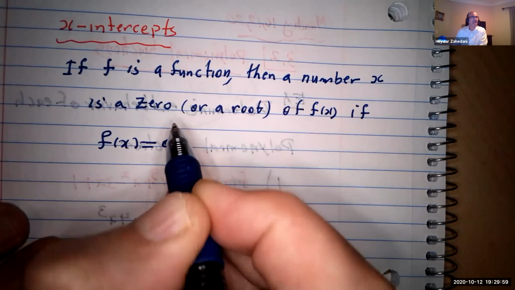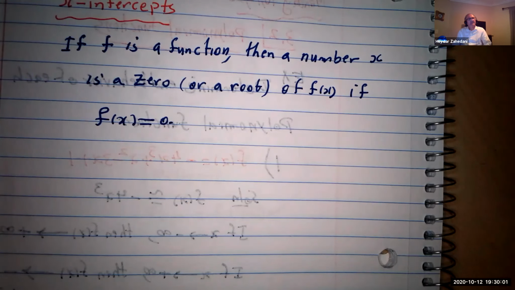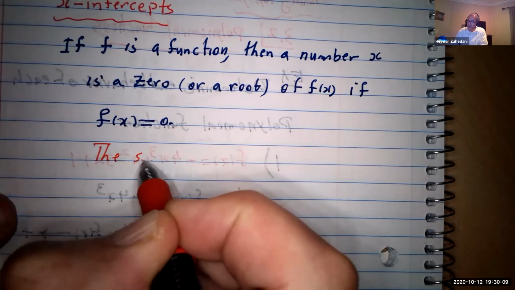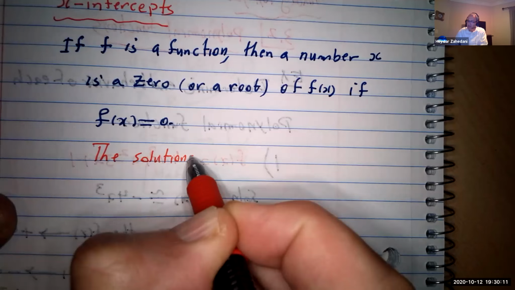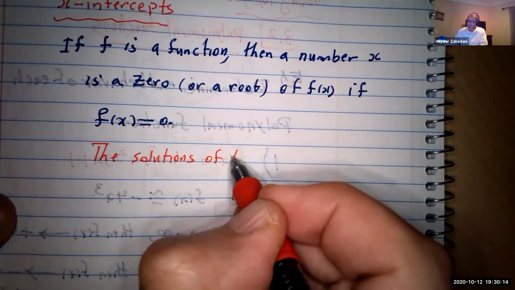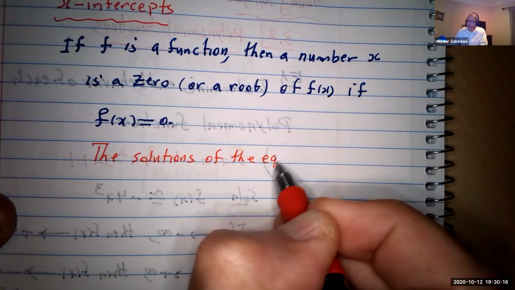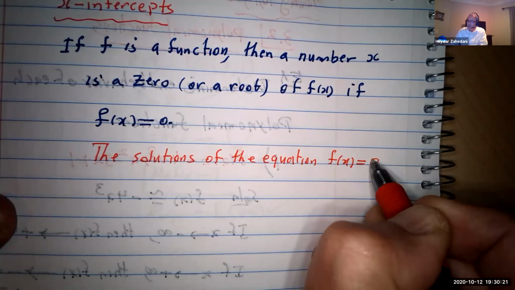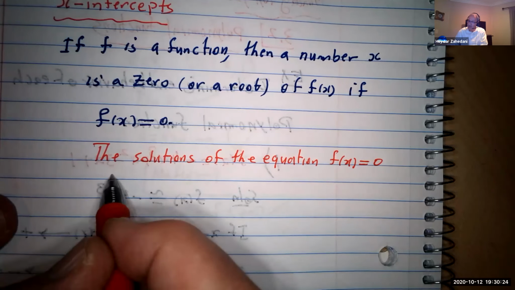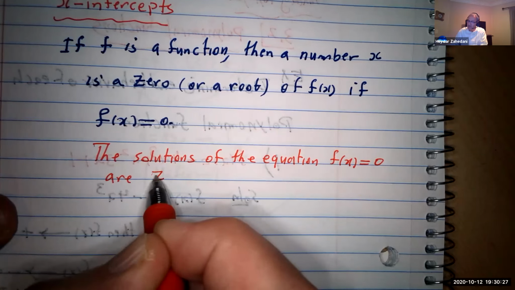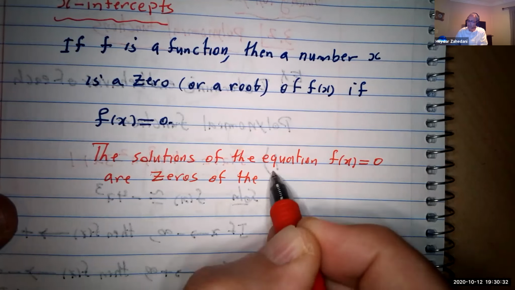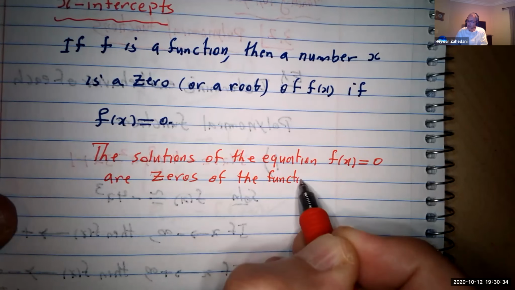Basically, the solutions of this equation are going to be called zeros of the function. So the solutions of the equation f(x) equal to 0, these solutions are zeros of the function f.